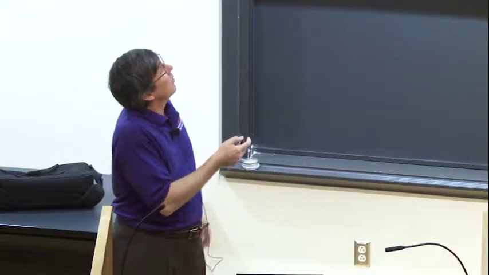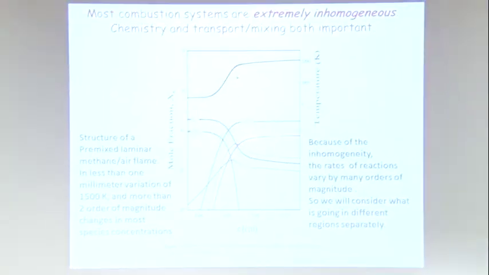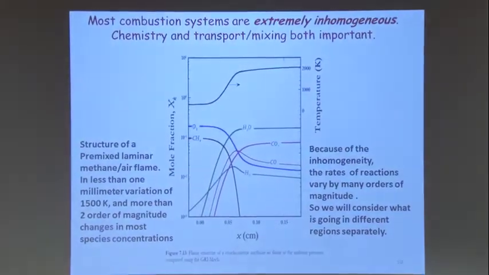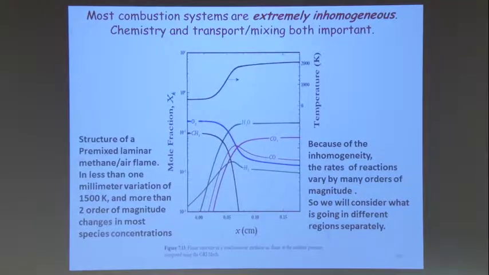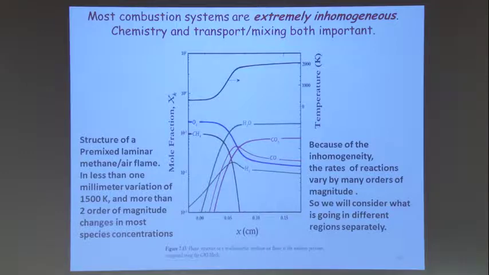All right. So here's the picture again I showed you before of how inhomogeneous the situation is, that in less than a millimeter, you're doing these huge changes, and you get these really sharp gradients, both of temperature and of the concentrations of the species. And it's not shown on this plot, but we showed before that the equilibrium concentration of OH is not much less than CO, right?